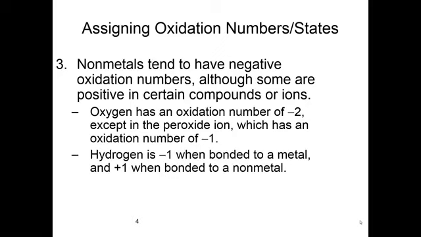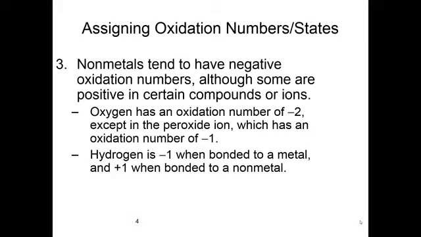The lone exception is when it appears in peroxides like hydrogen peroxide, H2O2, and in those cases it is -1. We won't be working much with peroxides in this course, however you may see them in the future.